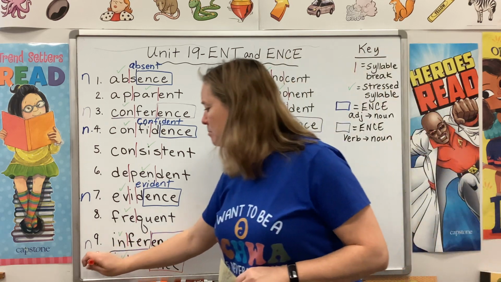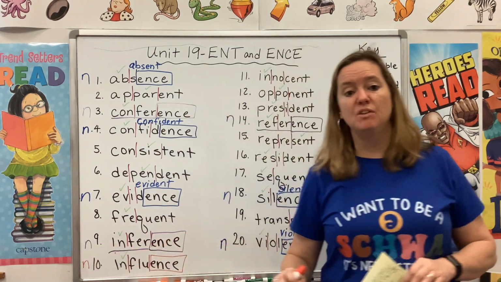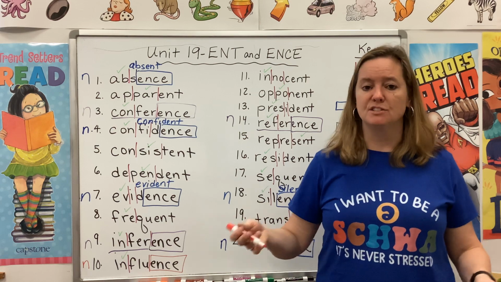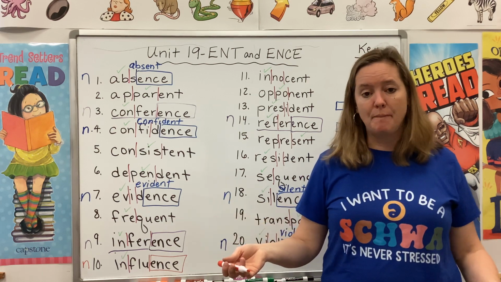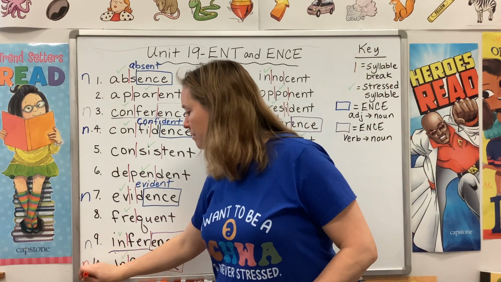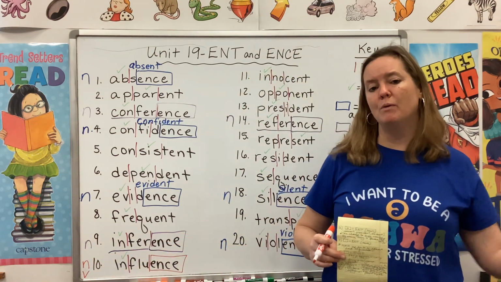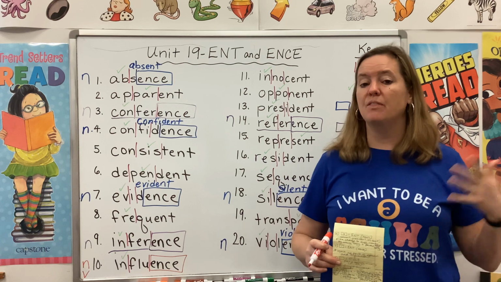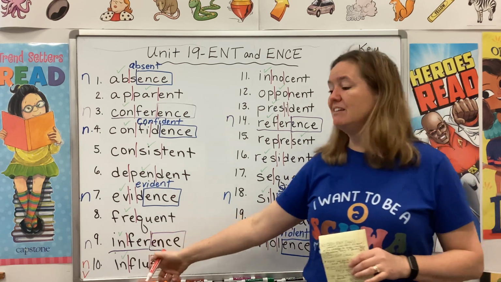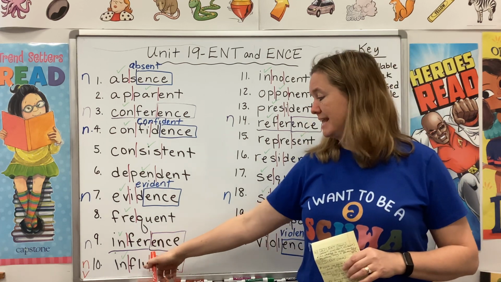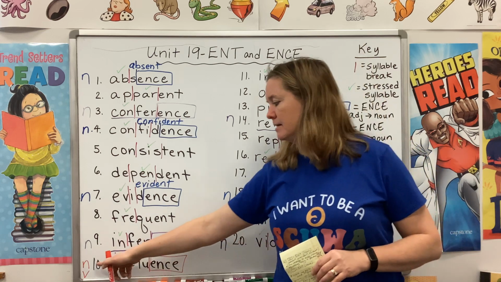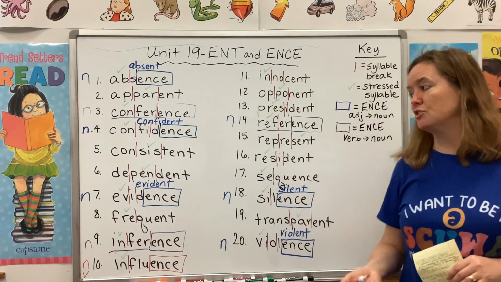So you can be a good influence on your little brother or sister by setting a good example, but you can also influence them, which means they're going to copy what you do, or they're going to think the way you think if you influence them. So notice influence and influence, two different parts of speech.